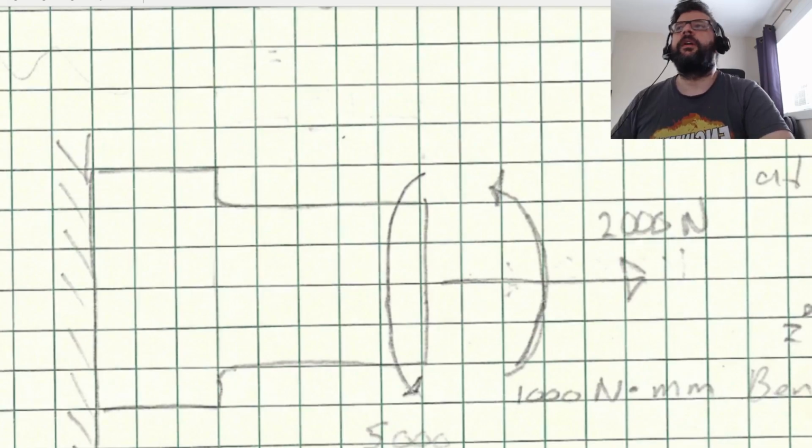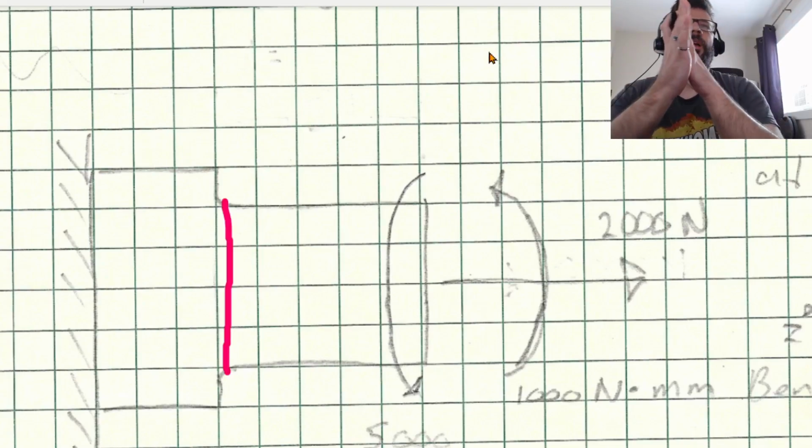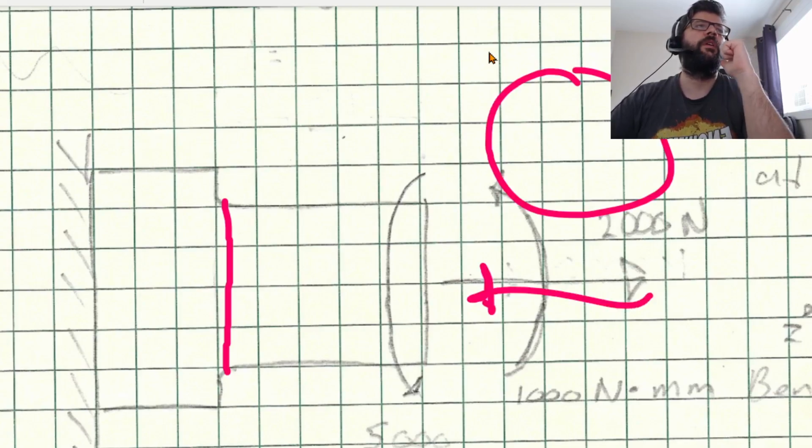If we are taking a section right here, the face of the section we slice is going to be the x face. If we look at that from this direction, this is the positive x face, and we're applying some sort of torque around here.